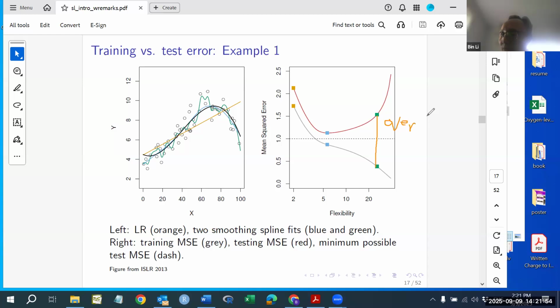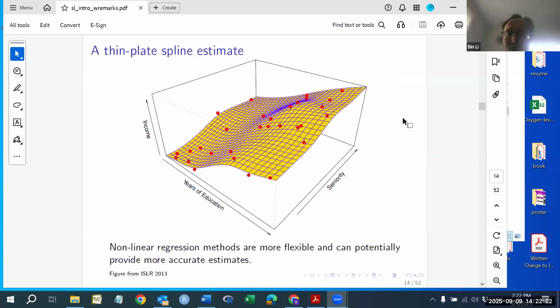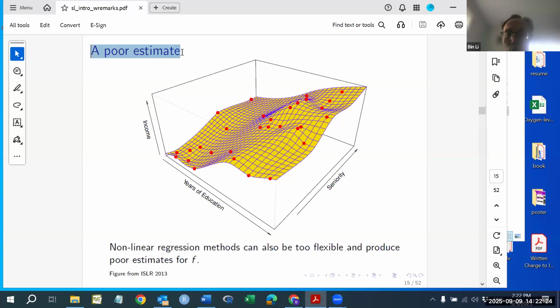A common phenomenon for an overfitted model is that the performance on the training set is very good, almost perfect. However, if we have a new data set, the performance is very poor. That is because the model is too adapted to the data points. It's not fitting the F, but fitting the Y. And that's exactly why I said this is a poor estimate, because it's overfitting.